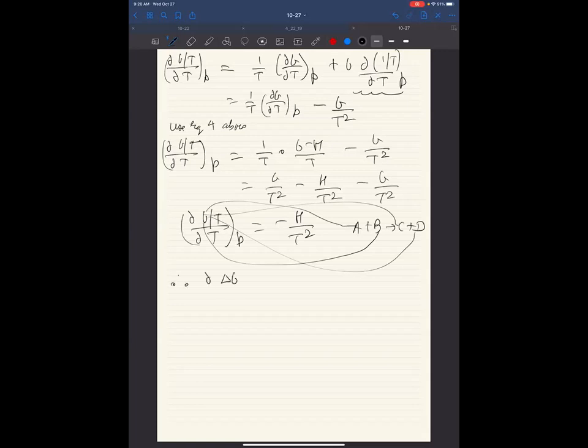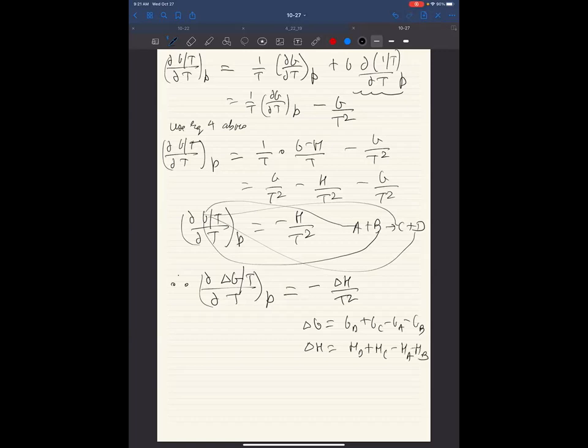Therefore, partial delta G divided by T with respect to temperature at constant pressure is equal to minus delta H by T squared, where delta G is equal to something like GD plus GC minus GA minus GB, and delta H is equal to HD plus HC minus HA minus HB.